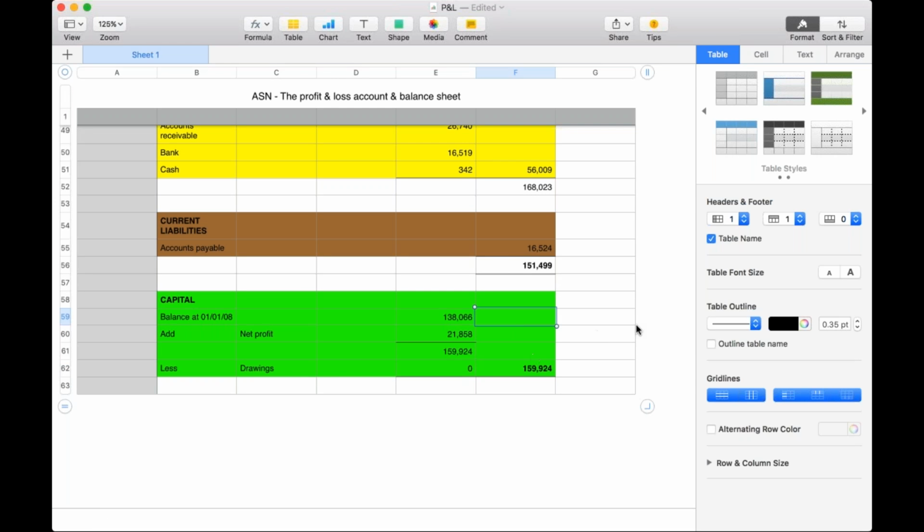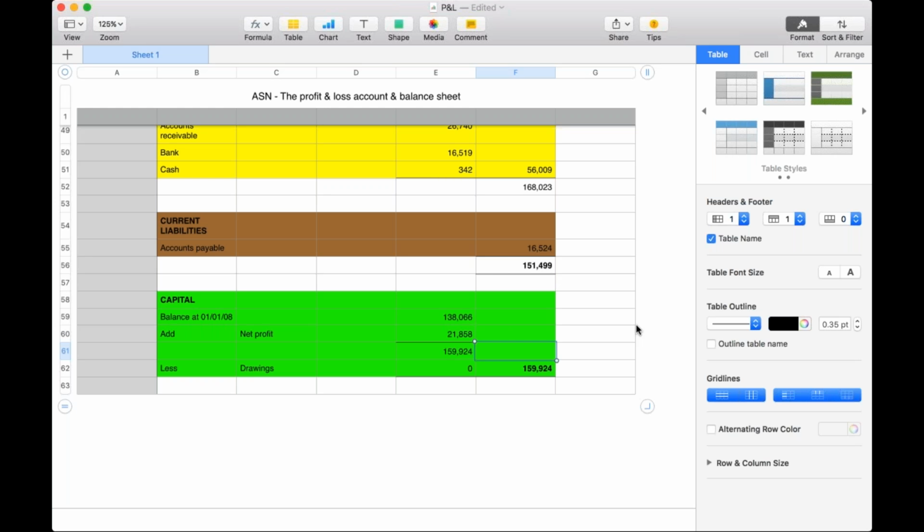So his capital account, he started on the first day of the year with 138,066. Now at the end of the year, so as at the 31st of December 08, after a year's trading, the proprietor made a profit of 21,858. So that gets added to his capital account. So his sort of investment in the business, if you like, is now 138 plus 21.